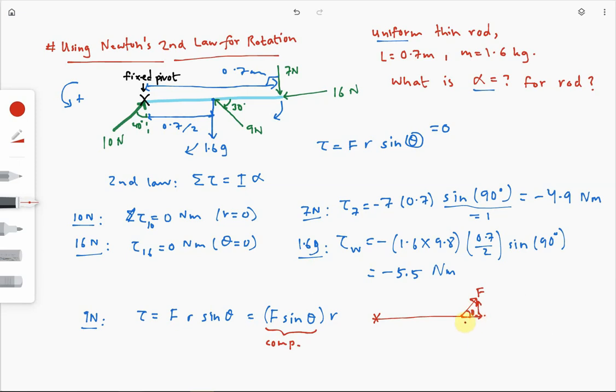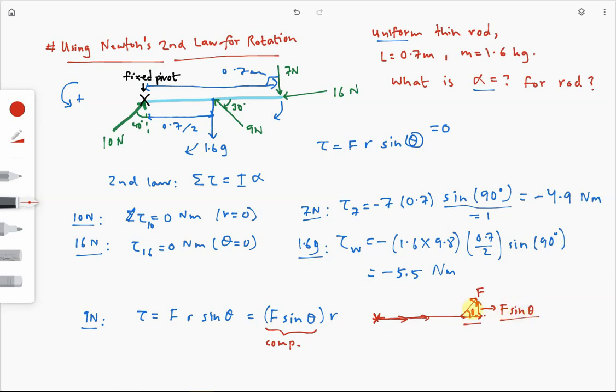Now the x component, the horizontal component, is parallel to my fixed pivot point, right? You can think of this as a hinge and this as a door. Applying an x component of the force just means that you're pulling along the line of this beam, which wouldn't cause any torque. So we can completely ignore this horizontal component, and it turns out this vertical component, or the perpendicular component to the pivot axis, is F sine theta.